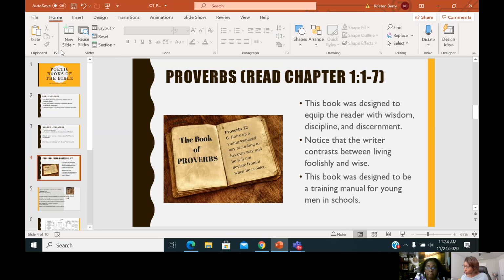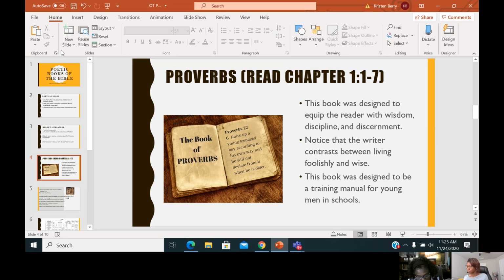In Proverbs chapter 1, you got it, Opal? Can you read 1 through 7? I'm reading from the NIV as you instructed.